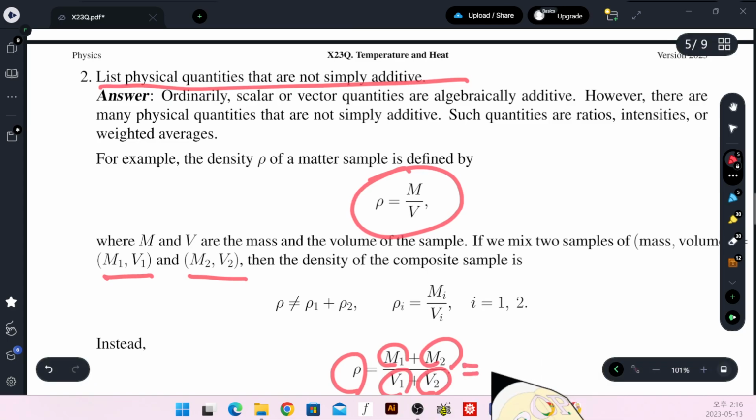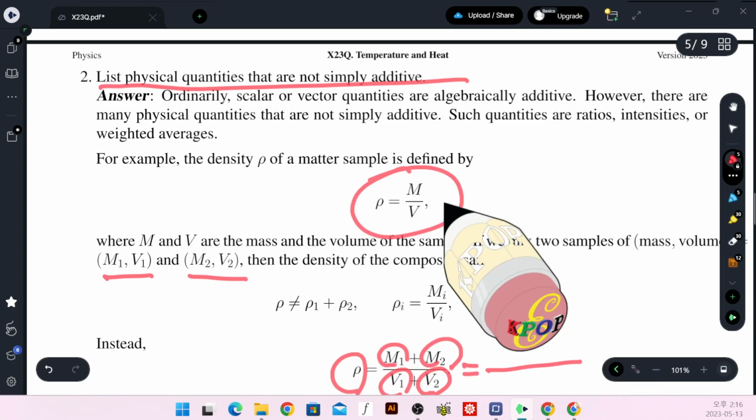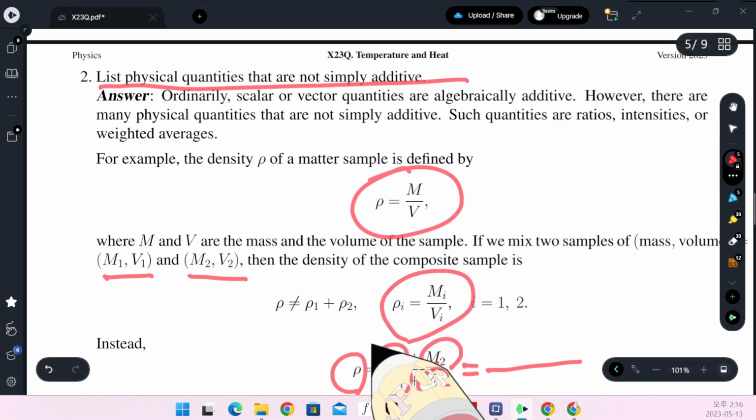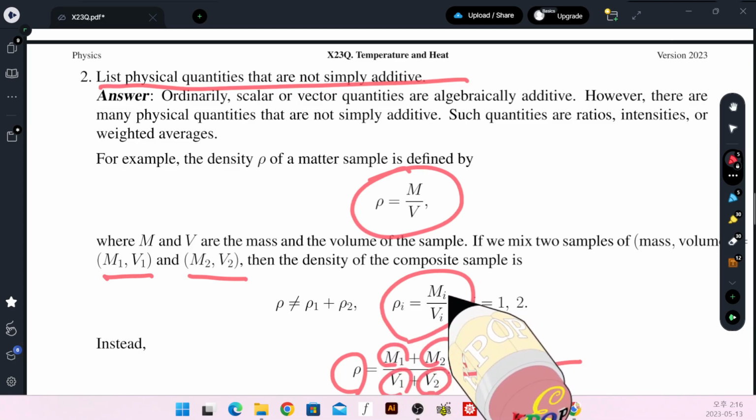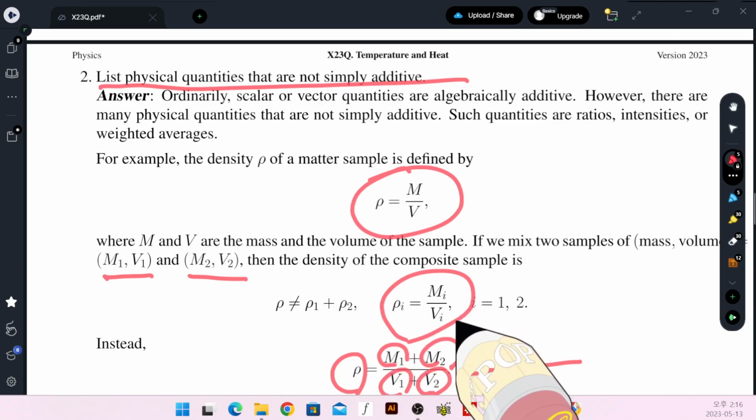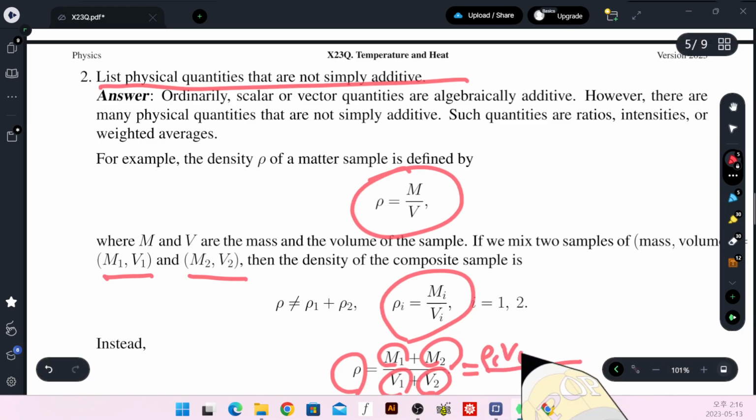Okay, in that case, according to this definition and for each material, I can replace mass with rho 1 times V1, plus rho 2 times V2, over V1 plus V2.